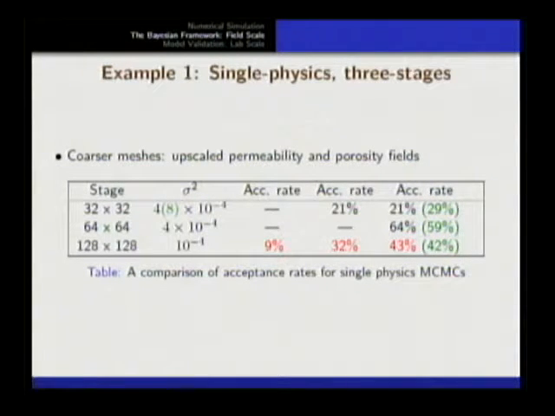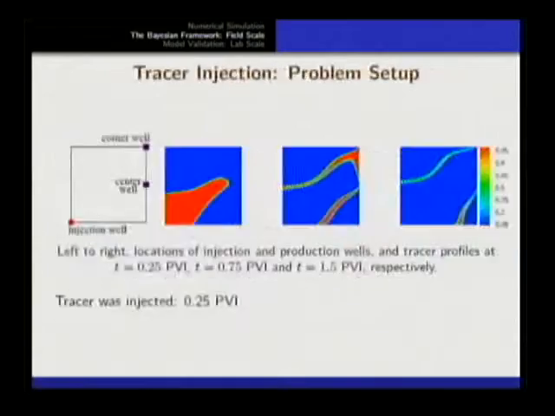And then by adding 2 considerably less expensive, from the computation point of view, steps, we can bring the acceptance rate up to 43%.